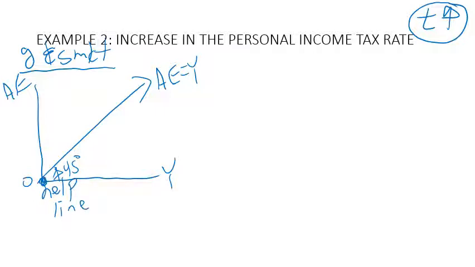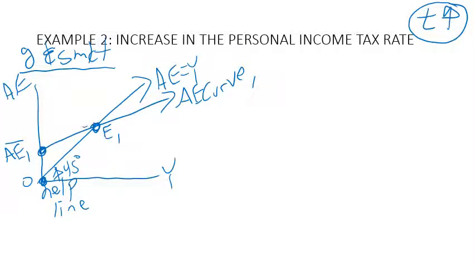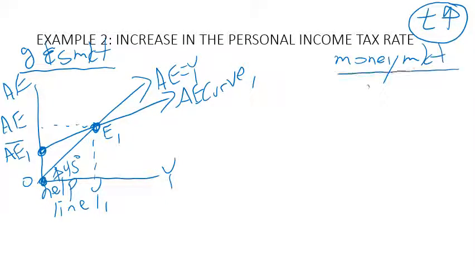Sorry about that. This is the AE curve 1. This is the appropriate level of autonomous aggregate expenditures 1. This is equilibrium. Let's call it E1. This is the appropriate level of aggregate expenditures, and this is the appropriate level of GDP. In the money market, it looks like this.